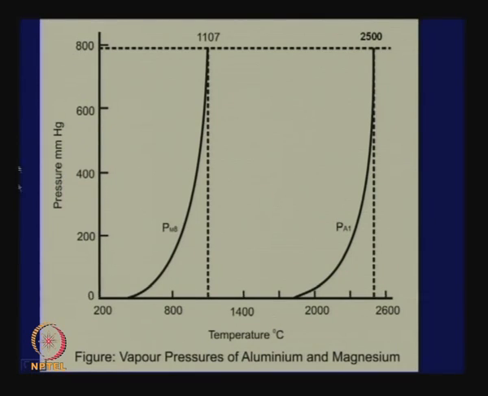So, a pressure of 800 millimeters of mercury is reached at 1100 degrees for magnesium and 2500 degrees for aluminum. So, if we heat it somewhere here, the entire magnesium will be separated from aluminum. This we can call fractional distillation. Normally, fractional distillation is used for liquids, but this is a case of fractional distillation.